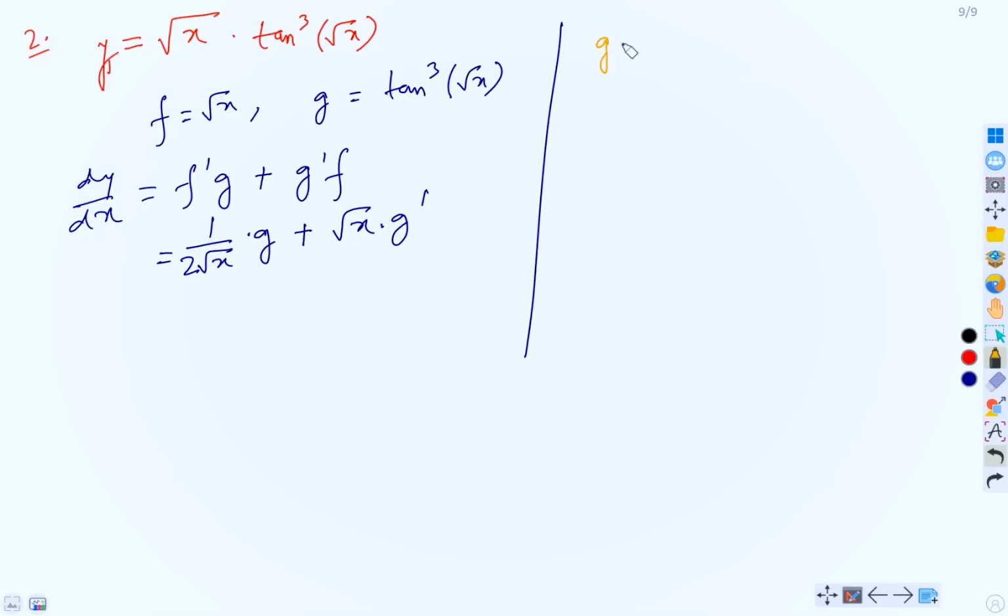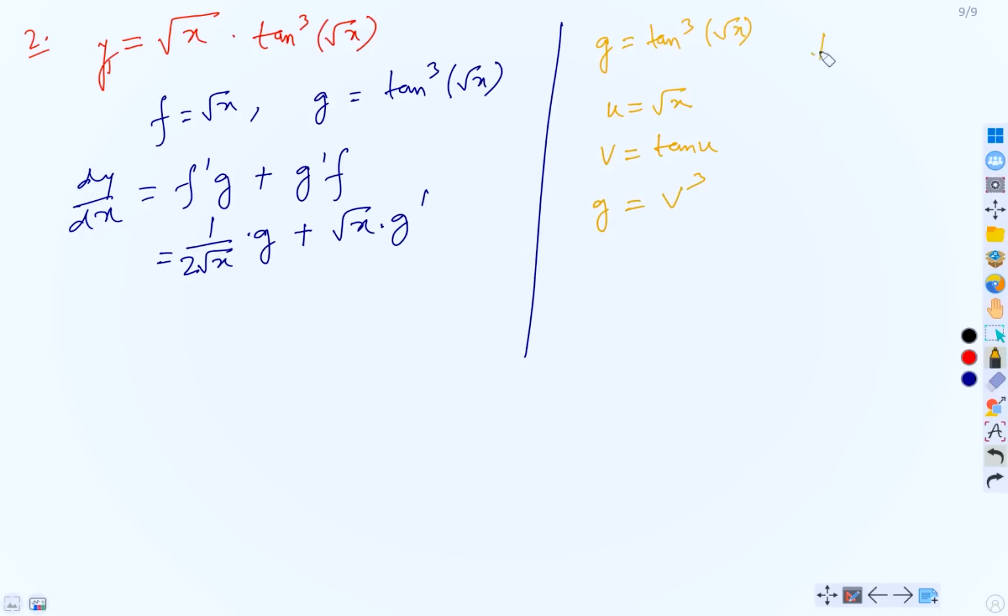We have our g as tan cube of square root x. Similarly, see, we have so many functions involved here. So let's start with the beginner one, root x: u equals square root of x, v equals tan u, and then g is v cube, correct?